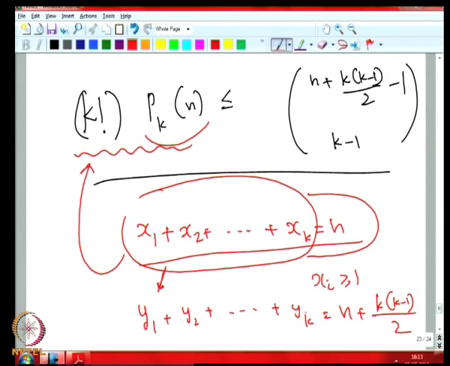Each value is distinct. Now each of the solutions gives k factorial permutations of the solutions, right. We can reassign those values, keeping the values the same. We can assign to y1, y2, yk in all possible ways. There are k factorial permutations possible coming from each such solution.